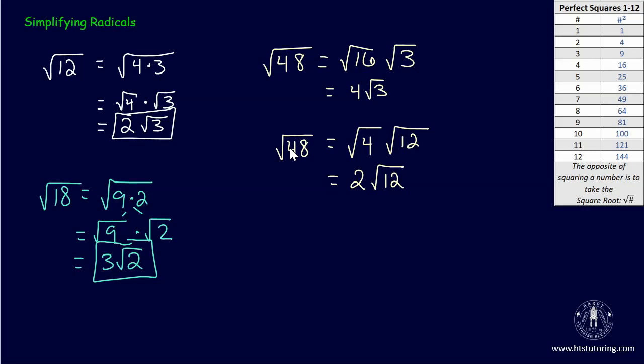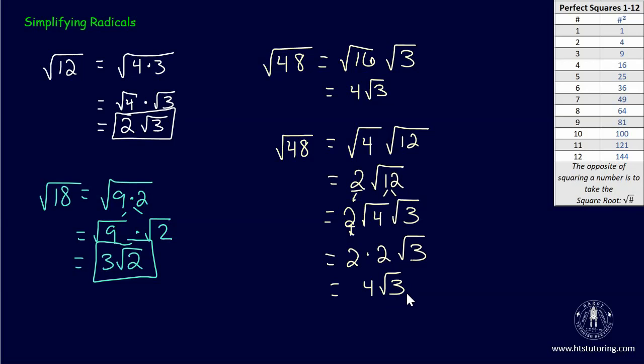Well, at the beginning of this video, we did the square root of 12, and we know that can be simplified. So we'd have 2 times the square root of 4 times the square root of 3. I'm just breaking up my square root of 12. Then I would have 2 times 2 square root 3. This 2, I'm just pulling down from before, and then square root of 4 became 2. So now we have 2 times 2, which is 4, times the square root of 3. It's 4 square root 3.